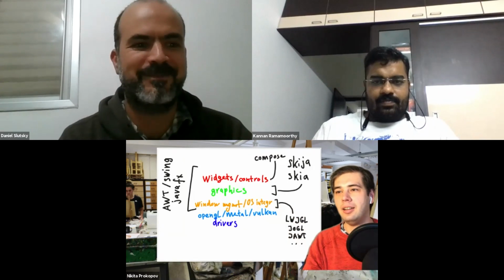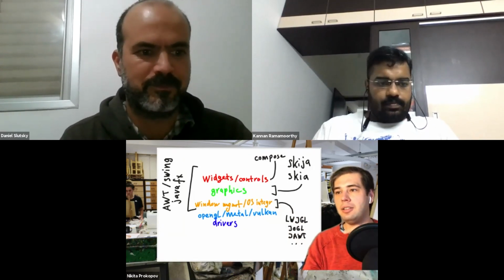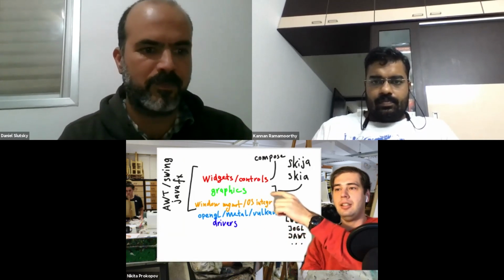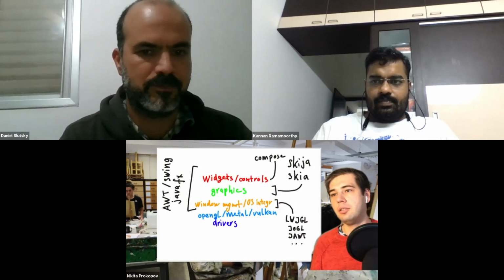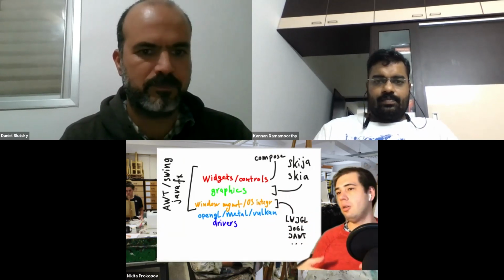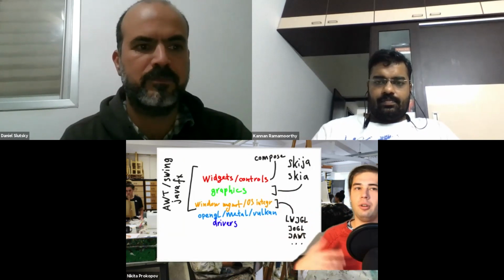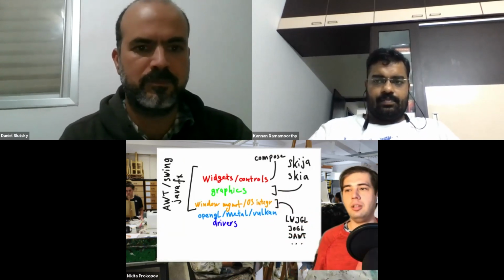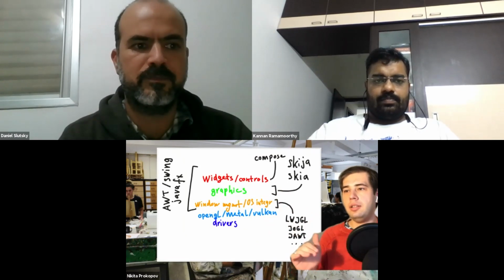So I was talking about the graphics. Graphics is this green layer, and on top of it, usually people build a widget library, a UI library: controls like buttons, panels, scroll views, lists. That is not in Skija either.